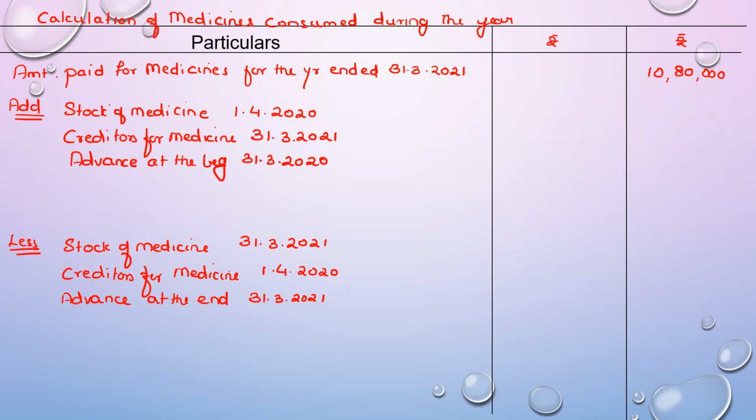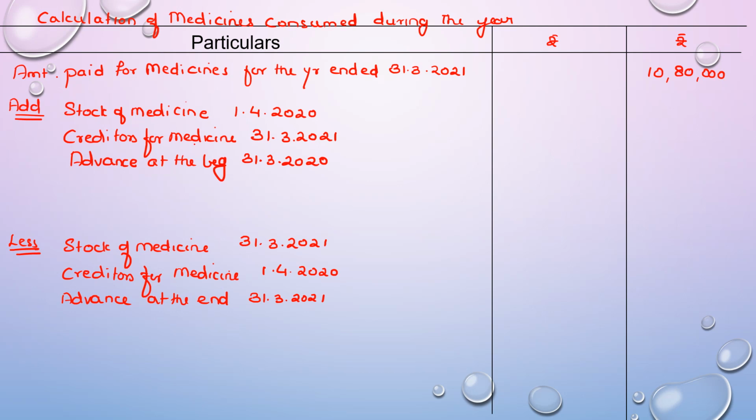So if you remember the add items, the opposite is the subtract item. We start with the amount which is paid as per the receipts and payments for the entire year. We adjust it: we add the stock of medicine as on 1st April 2020, that is, the medicine which was lying at the beginning of the year, and then whatever stock was lying at the end would be subtracted.